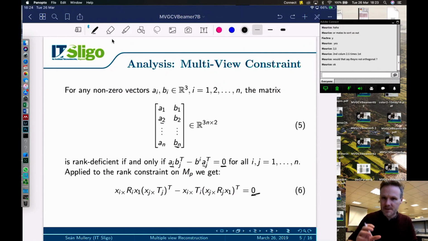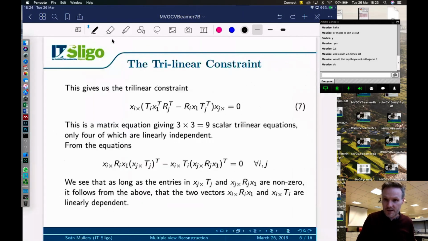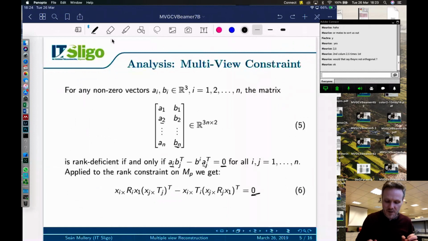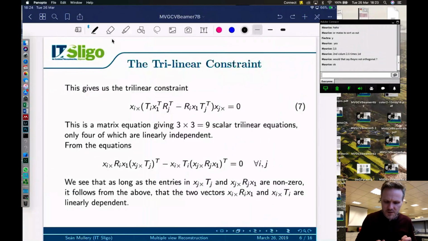We have at least 3 frames or images that are related by this, and this is why it is called the Trilinear Constraint, because we've got 3 pieces of information in it. We have 2 different versions of it here: a manipulation of it to change it to this way here, or you can look at it in this form here. We have x1 always, the pre-image in our initial frame.